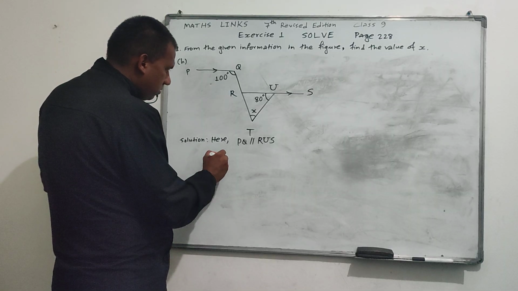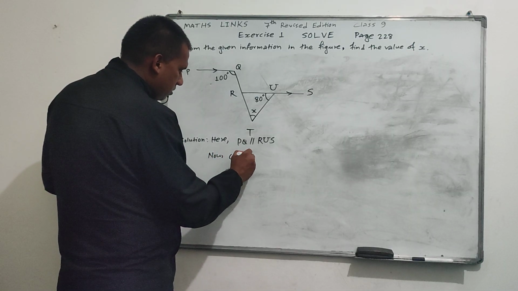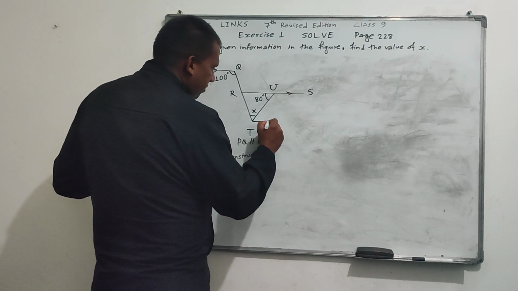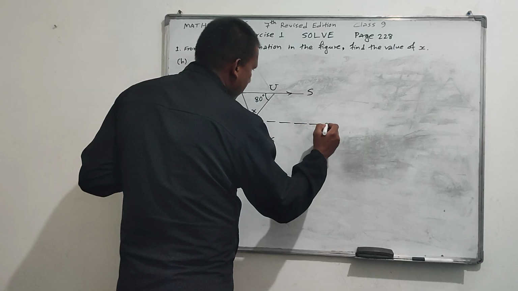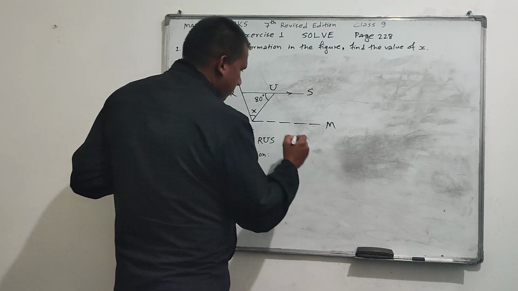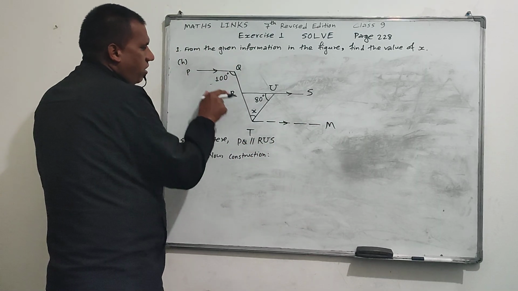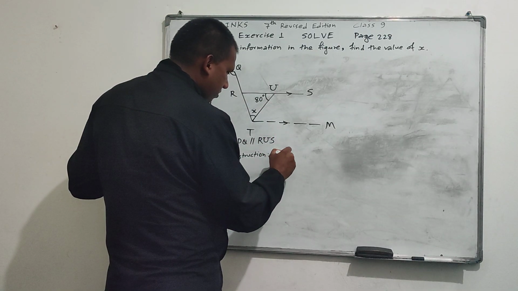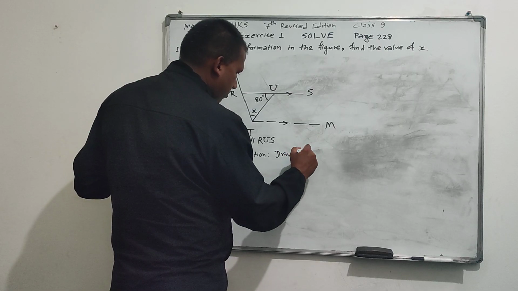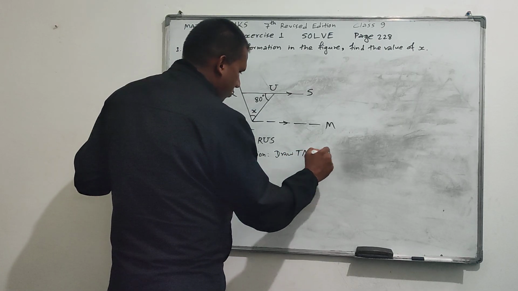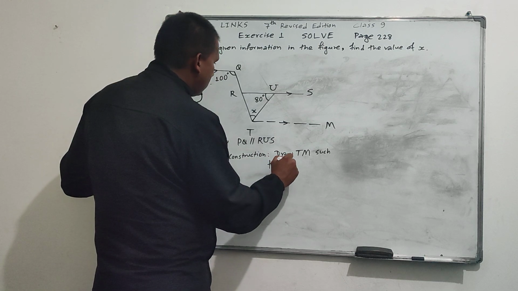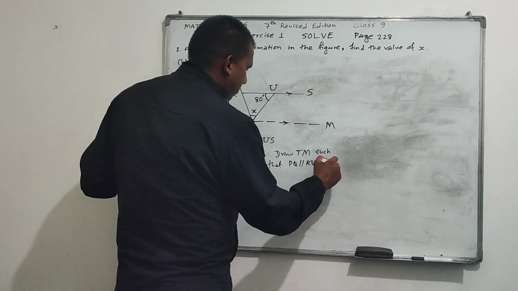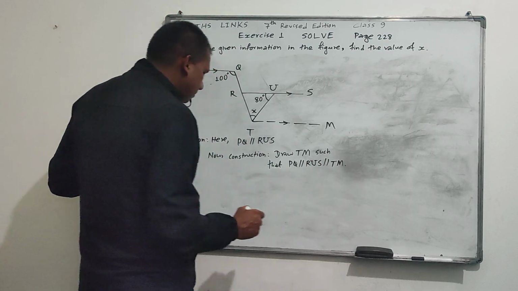Now construction: from point T, draw line TM, which is parallel to PQ and RUS. Draw TM such that PQ is parallel to RUS parallel to TM.